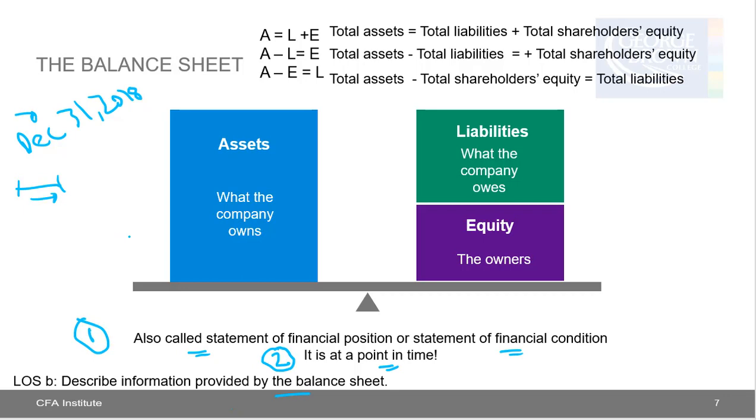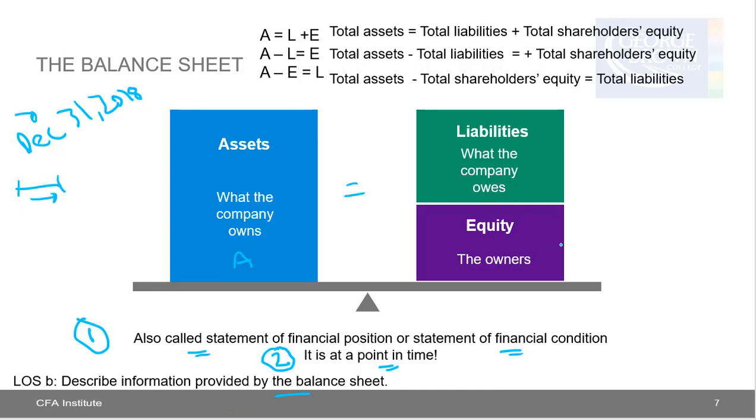And what is the balance sheet showing? Essentially, it's showing the resources that the company controls, which are the assets. That's what the company owns. And it's also showing the liabilities, which is what the company owes, its obligations to lenders and other creditors, liabilities or debt.